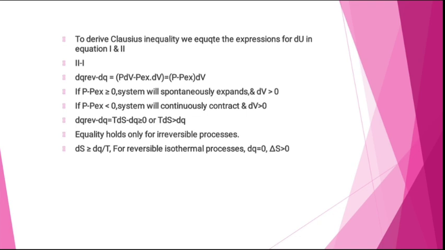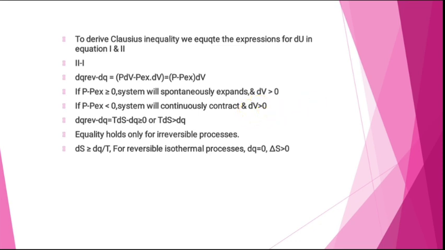And if P minus P external, that means the difference in pressure, is less than 0, the system will contract, and here the sign is less than. So here I have written greater, but this is not the case. Here dV is less than 0. In the first case, when the system expands, dV is greater than 0, and when the system contracts, obviously volume is going to decrease. That's why change in volume is less than 0.